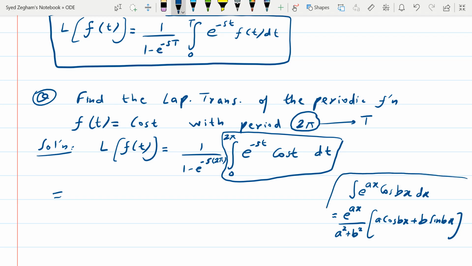I have written it in terms of x. You can also write it in terms of t.